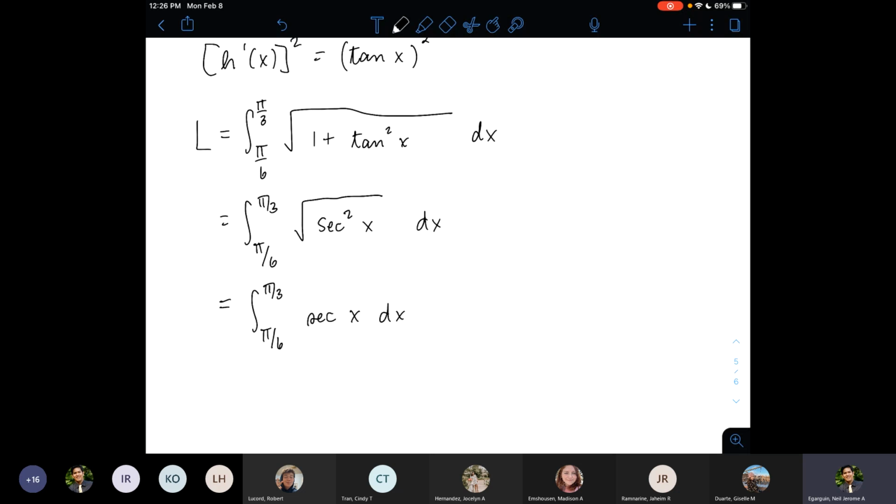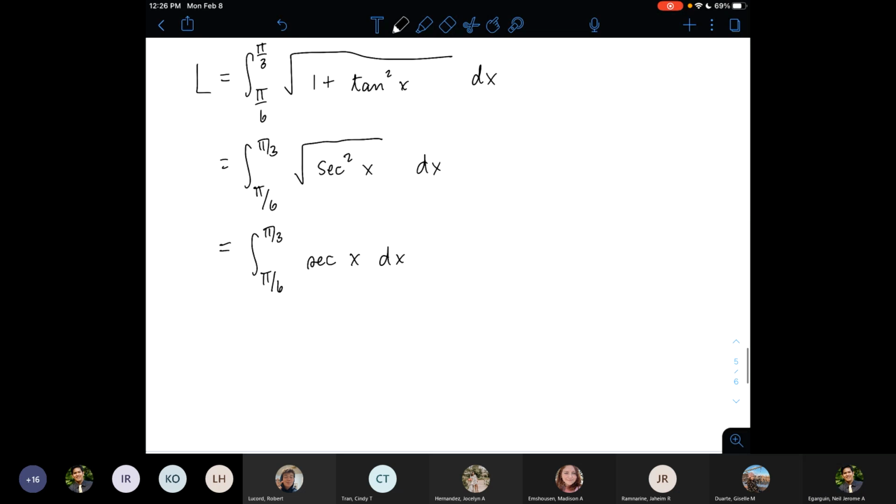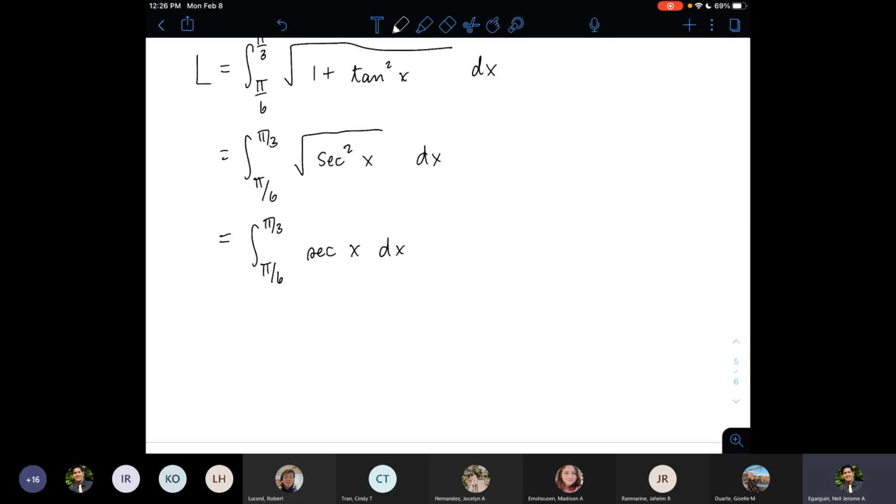Okay, is that good? Now we integrate secant x. We have a formula for the integral of secant x, so you can go back to your calculus 1 notes.